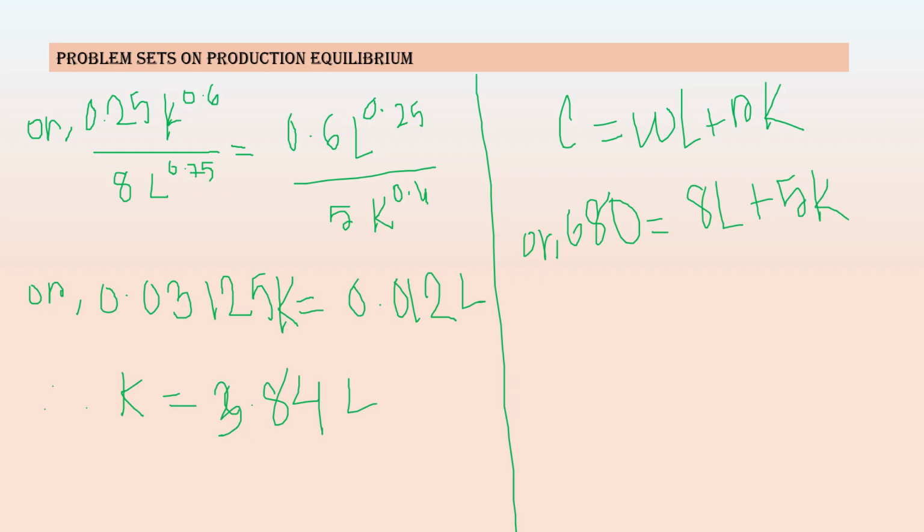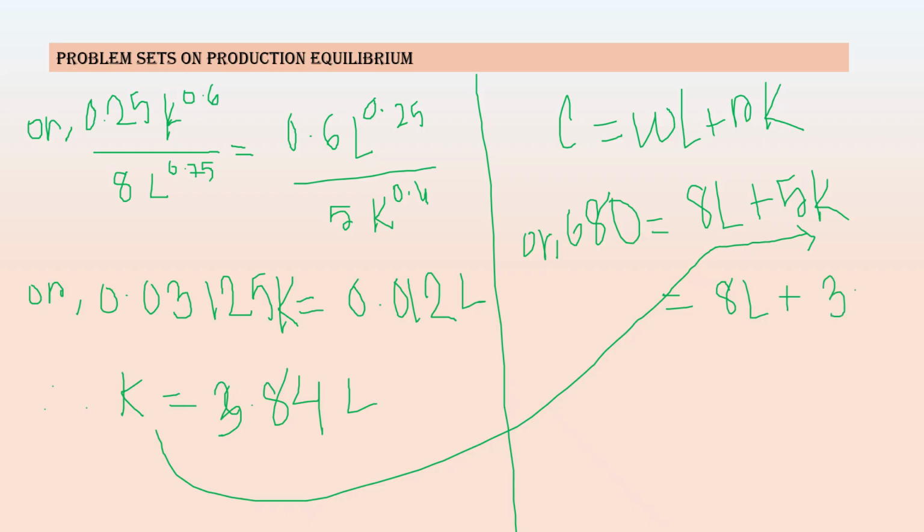So now if we put the value of K right here, we can substitute K for L. So our equation comes to this: 8L plus 3.84 L into 5, right? So we find the value of L.